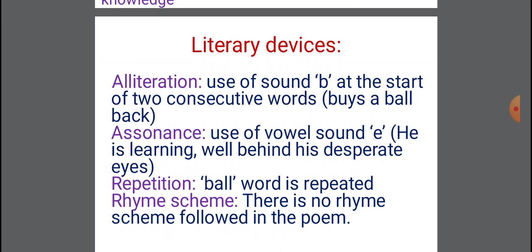Assonance is there, the use of vowel sound. So the E vowel sound is repeated here: he is learning well behind his desperate eyes. So E is repeated many times in this line. Then repetition is there: the word ball is repeated again and again. Rhyme scheme: there is no rhyme scheme followed in the poem. So these are the literary devices used here in this stanza.